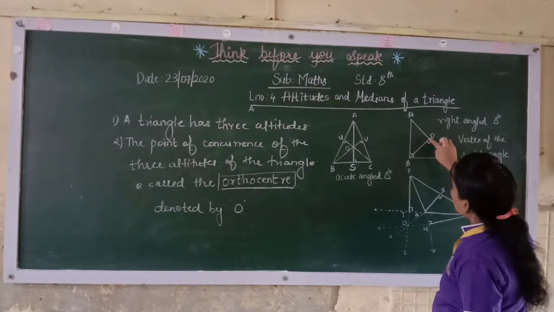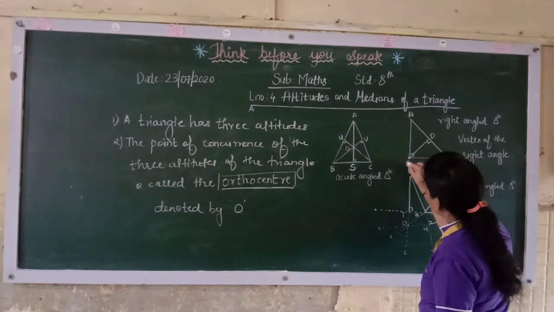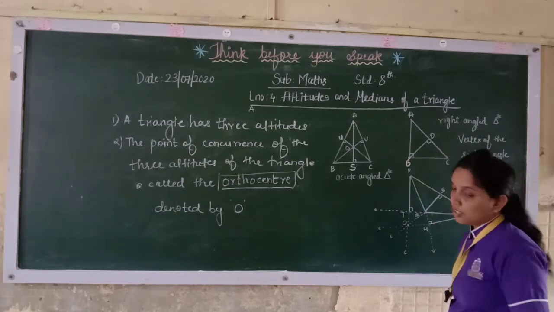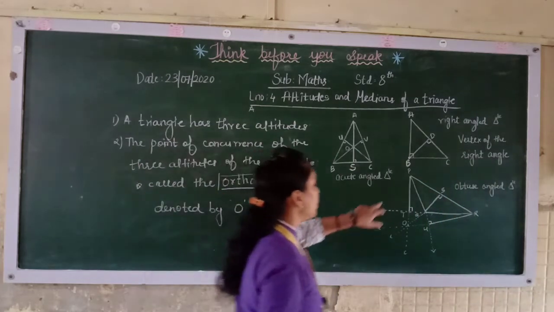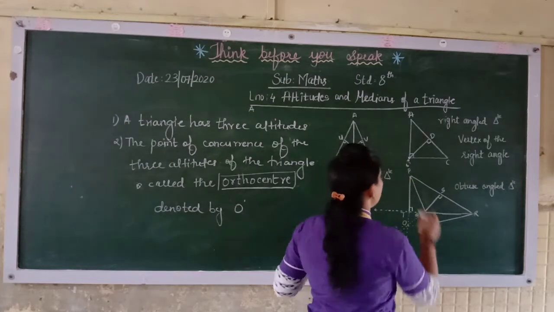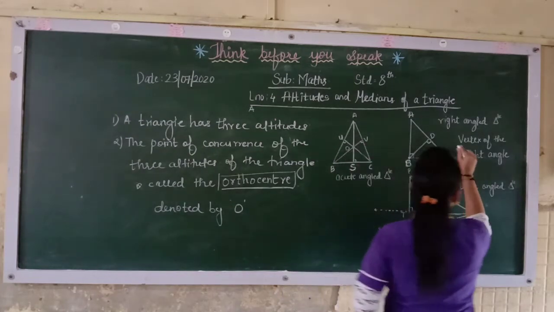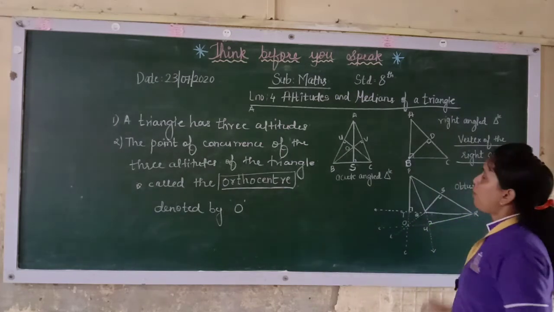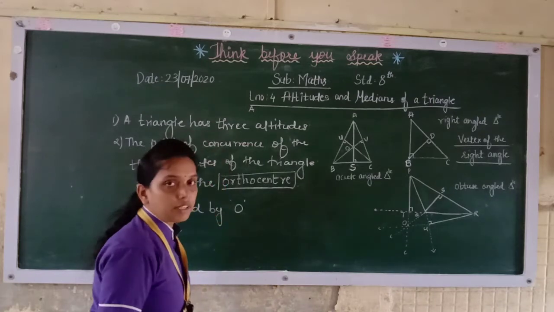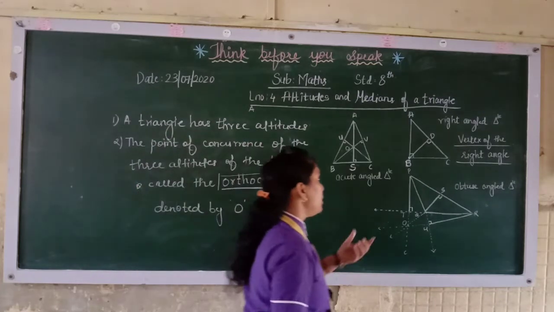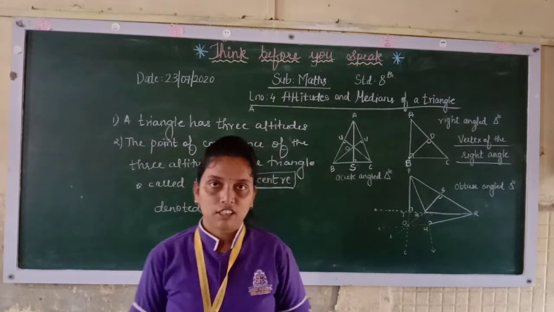So what you will get, all these three are meeting at the vertex only, B. So for the orthocenter of a right angle triangle, it is the vertex containing the right angle. So remember, for right angle triangle, where will be the orthocenter? The orthocenter will be at the vertex of the right angle.